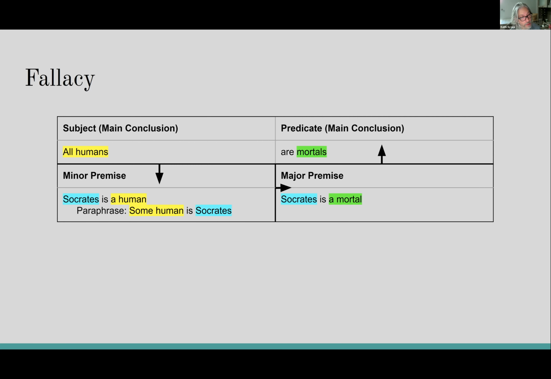But the problem is that the original predicate was a human, not all humans. So even when I flip the sentence around, I get some human is Socrates, and that's only a subset of all humans. So we're starting on a bad foot here in terms of conceptual overlap with the minor premise and the subject, but let's just roll with it.